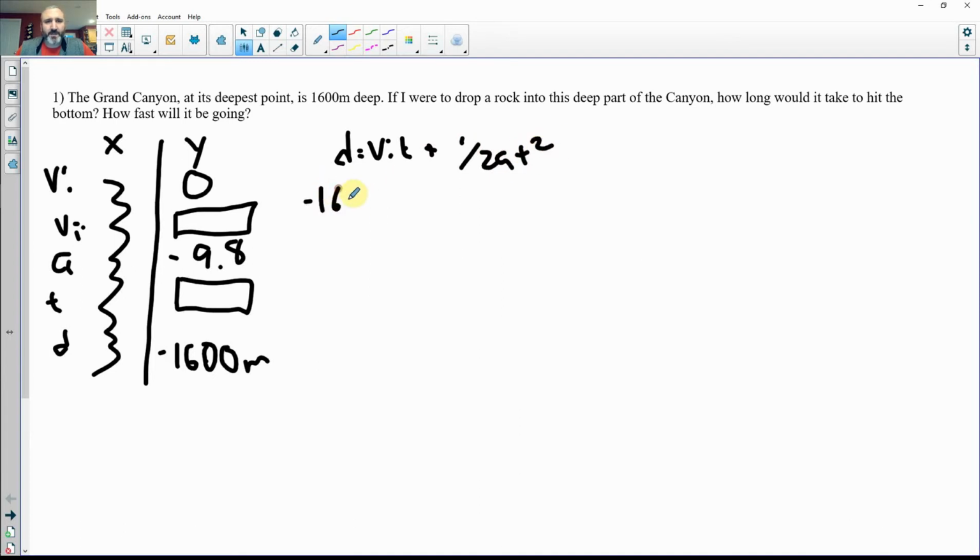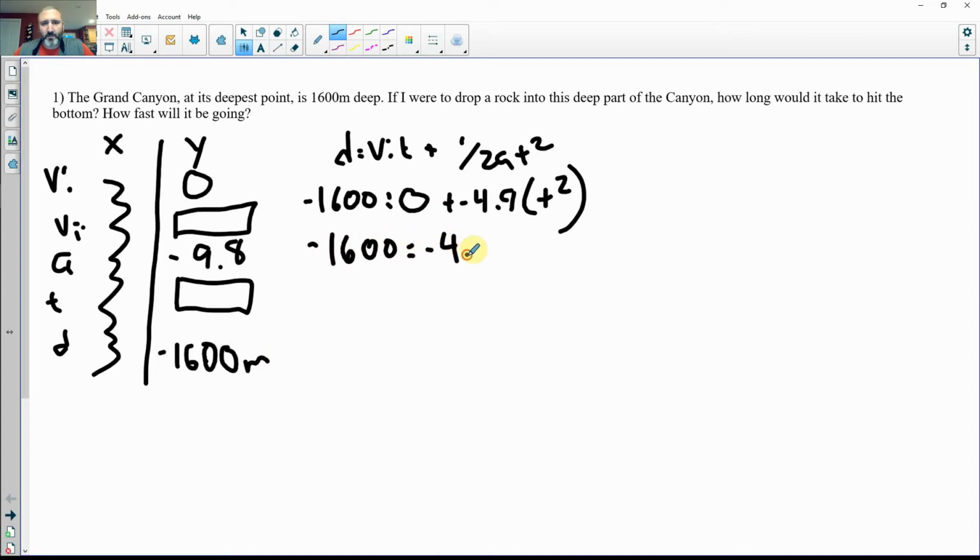So negative 1,600 equals 0 times T, which is still going to be 0, plus 1/2 of negative 9.8, which is negative 4.9 T squared. We can clean this up and just make it negative 1,600 equals negative 4.9 T squared.